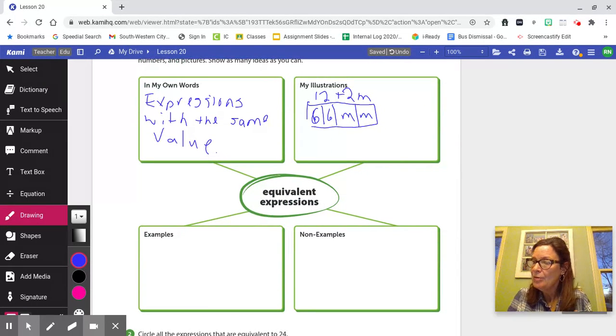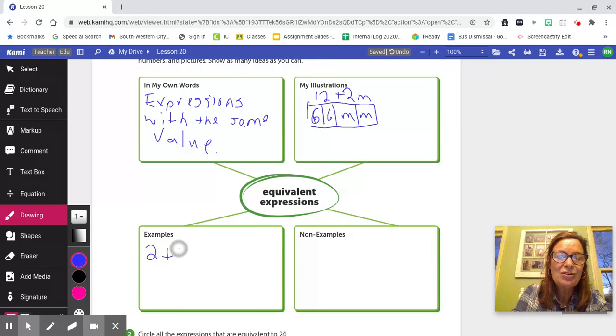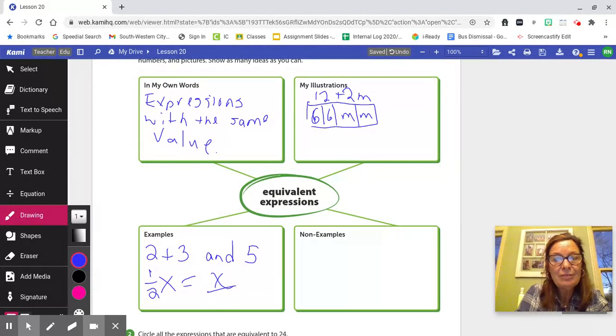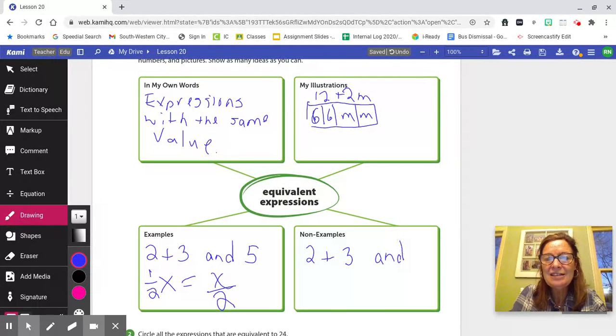An example you could do, pretty easy, 2 plus 3 and 5. Those are equivalent. You could do 1/2 of x. That's the same as x divided by 2. A non-example would be 2 plus 3 and 6. Those are not balanced. That does not equal each other.